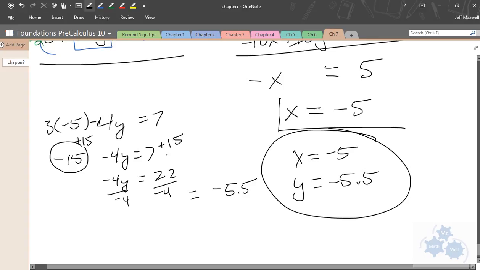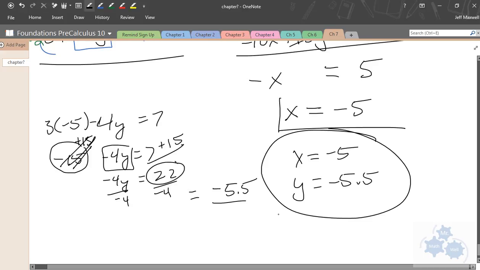Add 15 to both sides. So 7 plus 15 is 22. And then all I'm left with, because that's gone, is negative 4y equals 22. I didn't show every single step there, sorry. There are things that I mentioned that I didn't actually write down. But I think everything's on par here. So when we get to this point, you divide by negative 4 and you get this for an answer. Okay?